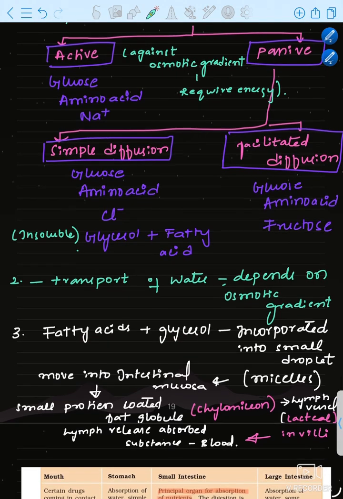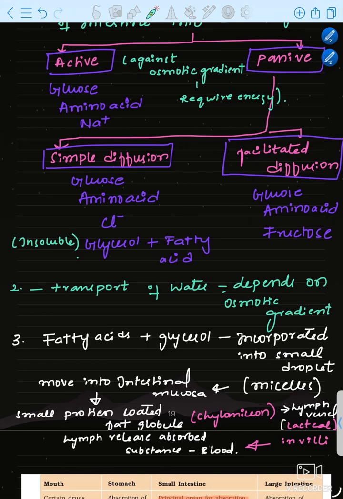This is a very important process, you have to remember. These are fats, they are insoluble, they can't be absorbed easily. That's why they will be incorporated into small droplets, that is micelles.